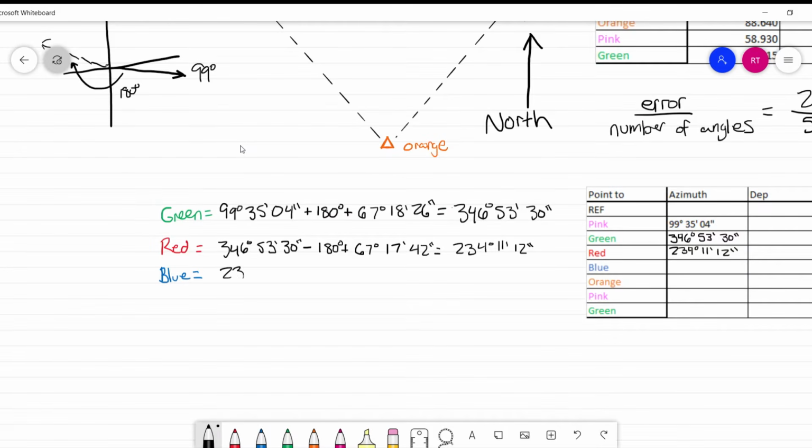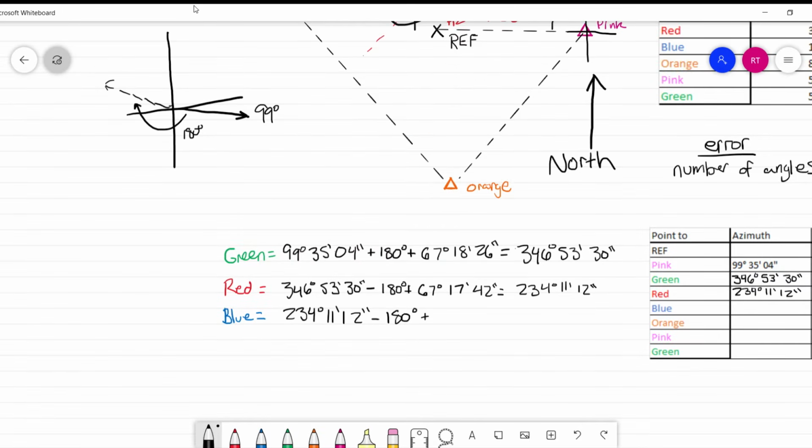So that is 234 degrees, 11 minutes, and 12 seconds minus the back azimuth, 180 degrees. And we're going to then add the angle of 217 degrees, 40 minutes, and 15 seconds. And that will give us 271 degrees, 51 minutes, and 27 seconds.